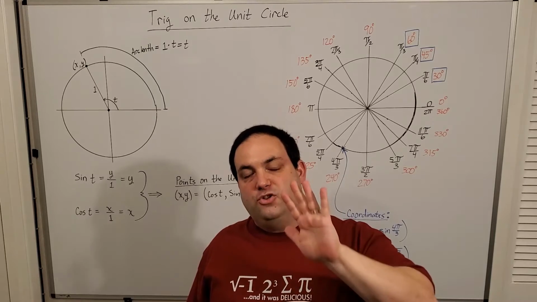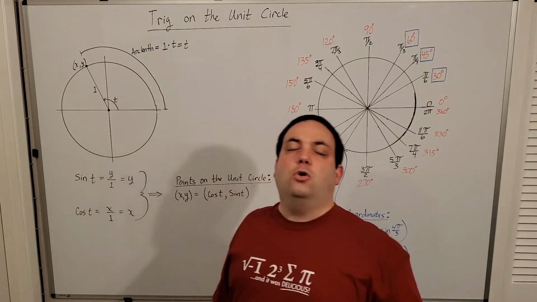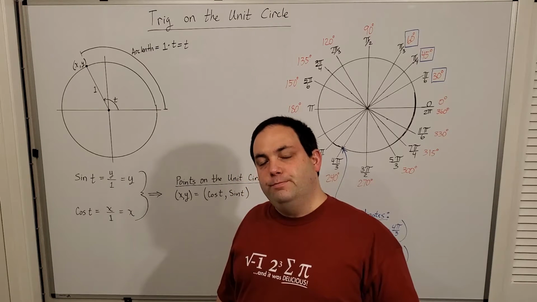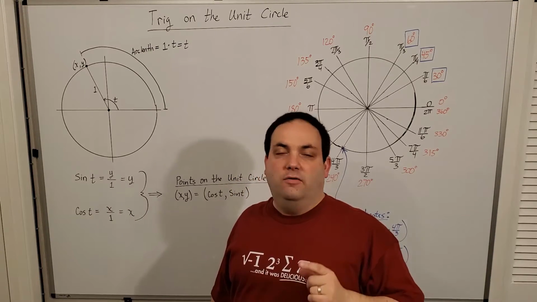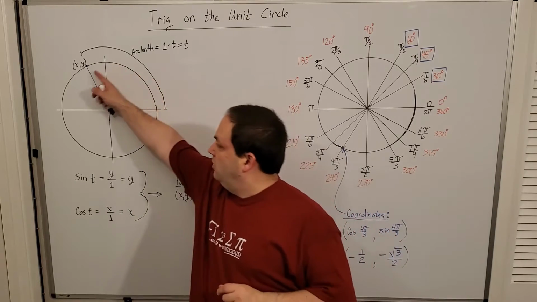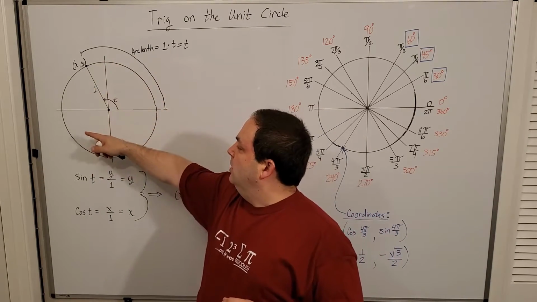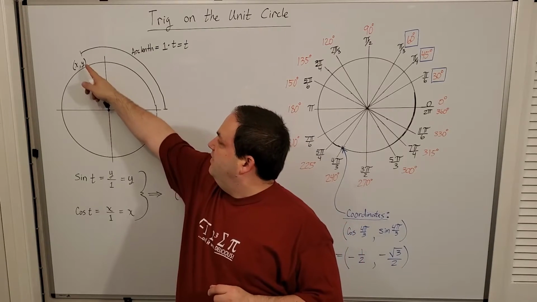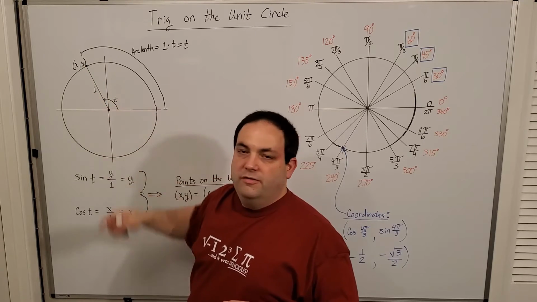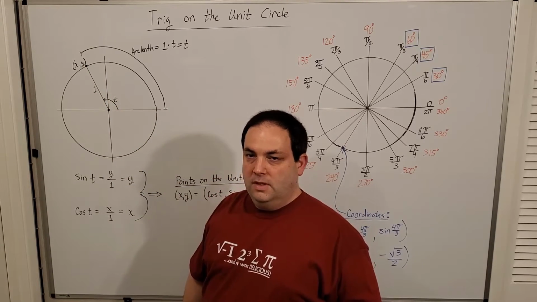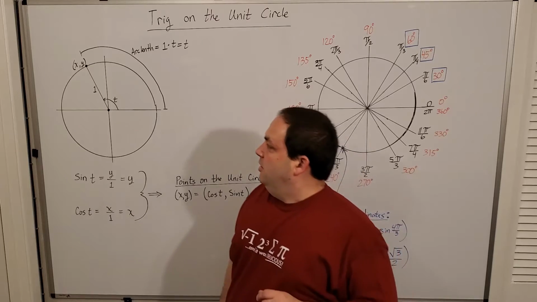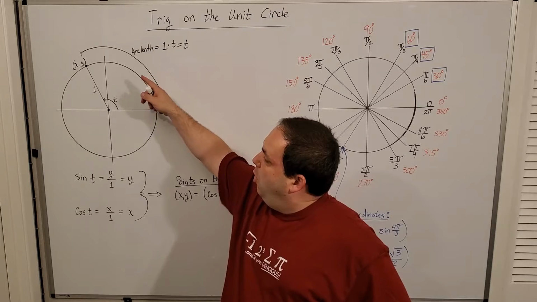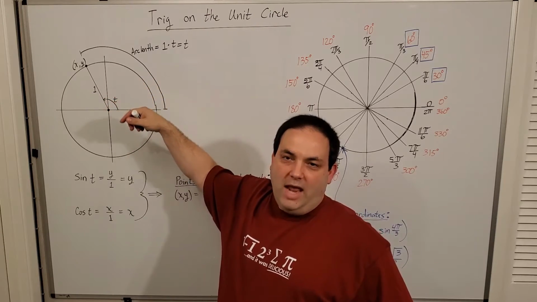A unit circle is any circle that has the center at the origin and a radius of 1. So this circle that I have here is a unit circle because I'm defining its center at 0, 0, and I'm giving it a radius of length 1. Just like before, I can pick a point on the terminal side of an angle.